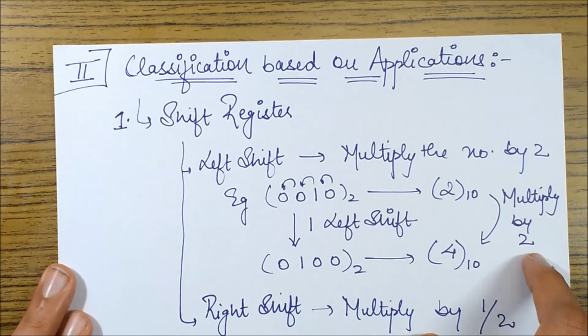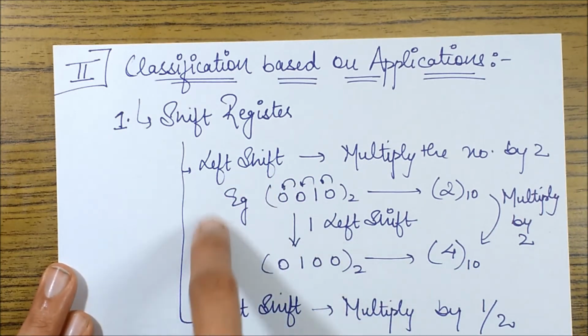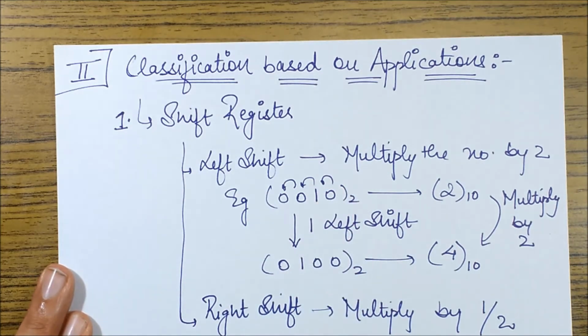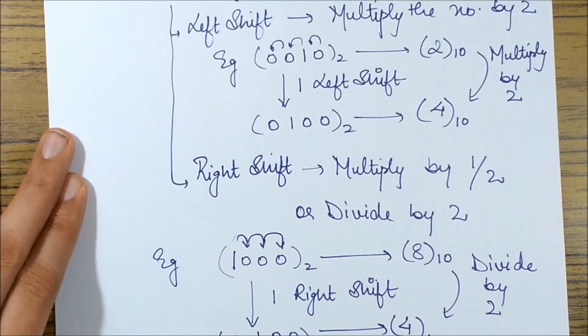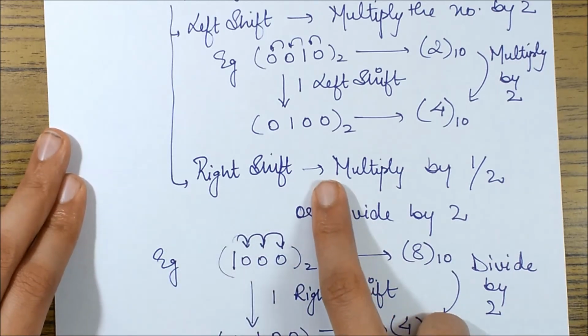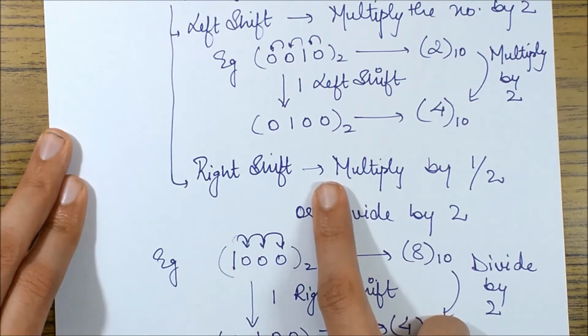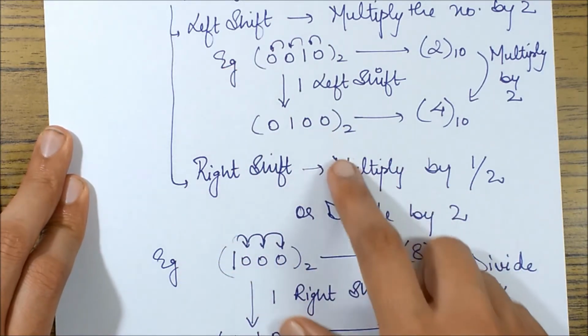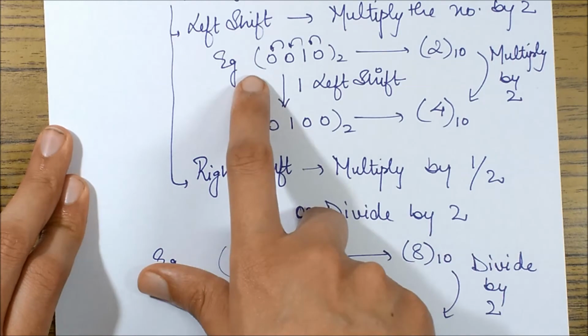Let's say I am shifting the bits on the left side, then it is called a left shift operation. And if I shift the bits on the right-hand side, one bit at a time, then it is called a right shift.